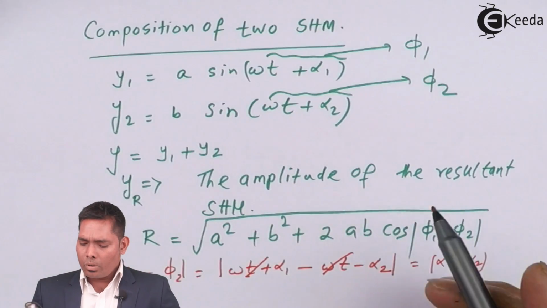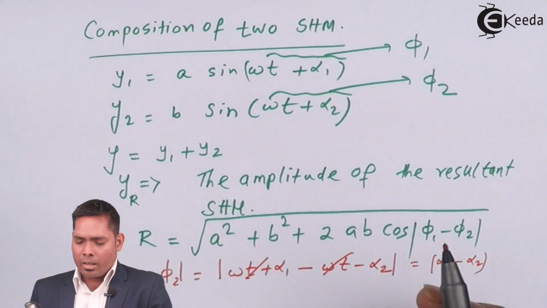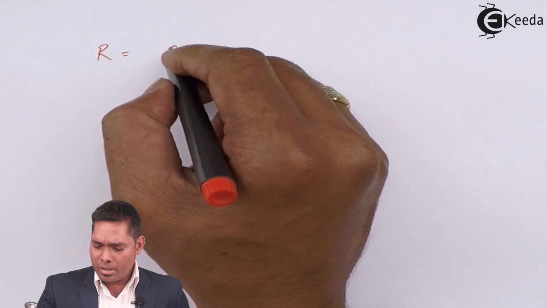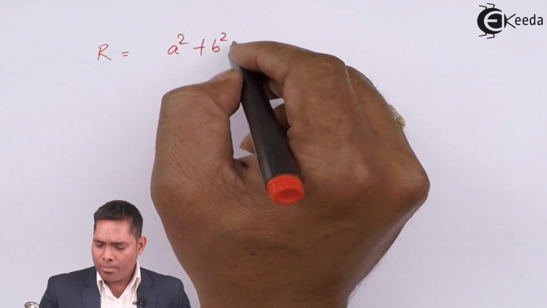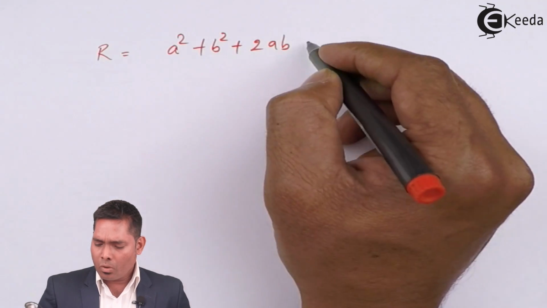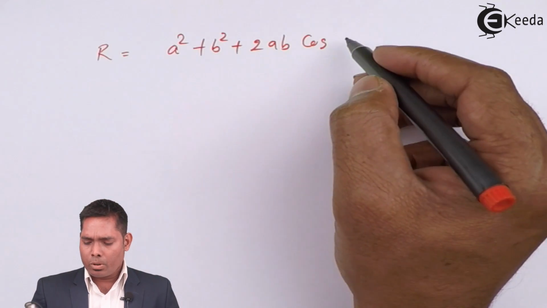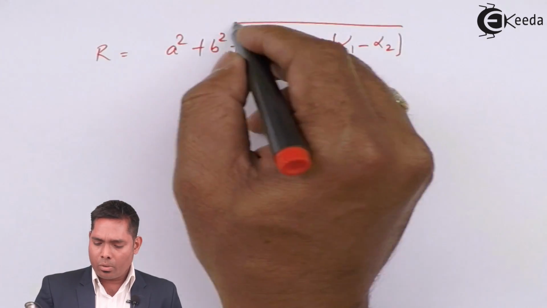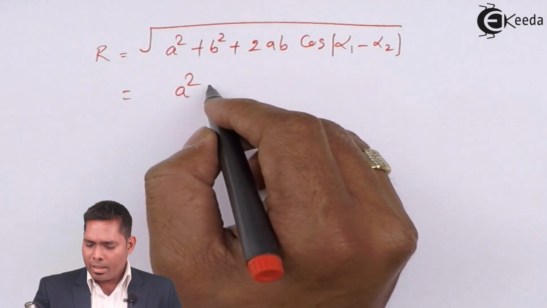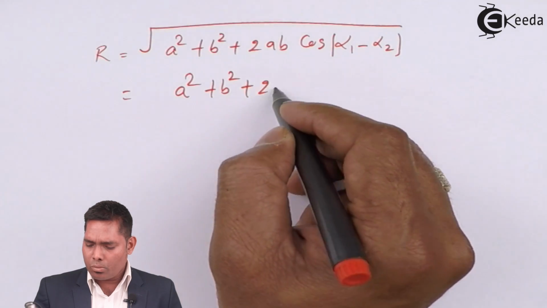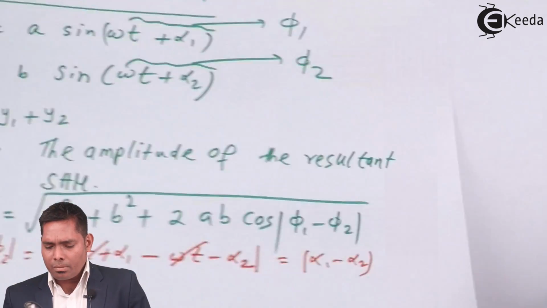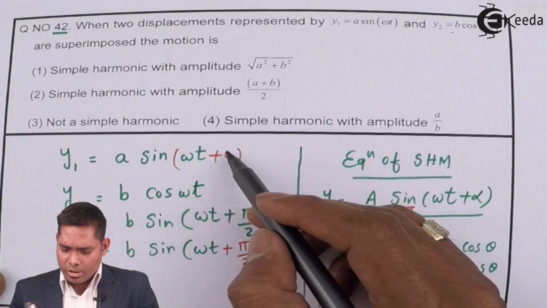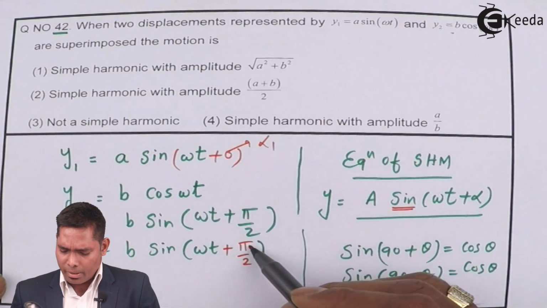So R, the resultant amplitude formula, we have got it: the square root of a square plus b square plus 2ab cos of the phase difference alpha 1 minus alpha 2, mod. Now you can see here, this is my alpha 1 and this is my alpha 2.